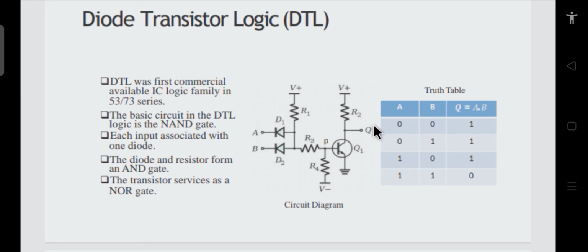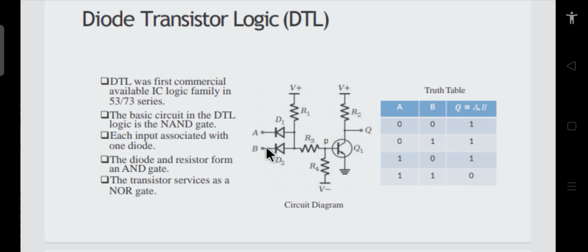How does the circuit operate in this case? We connect the circuit in such a way that there are two inputs. The basic gate is the NAND gate, so we realize a basic two input NAND gate using this DTL logic. We use one transistor, some resistors and some diodes.